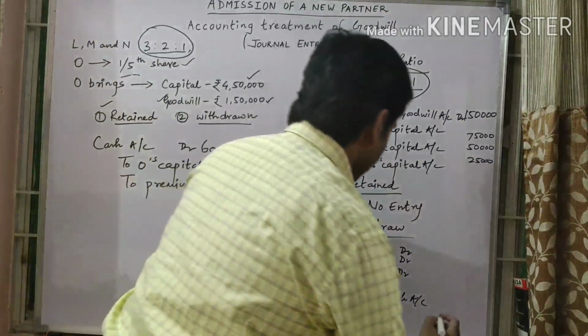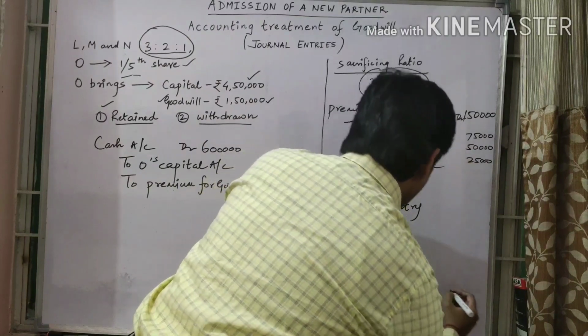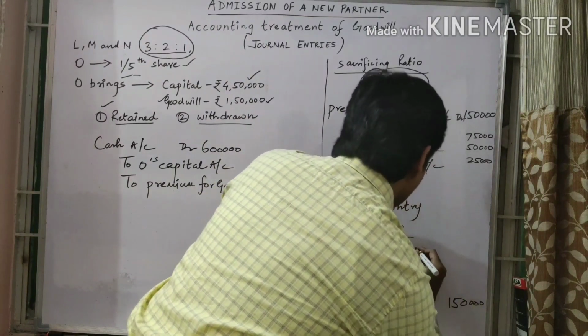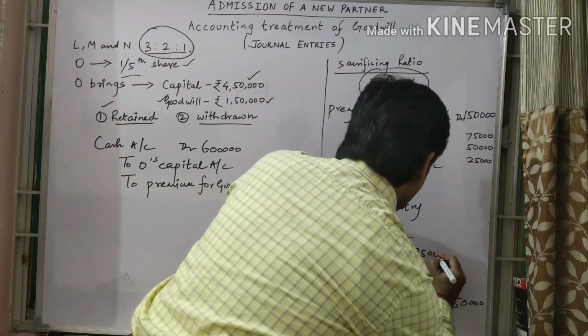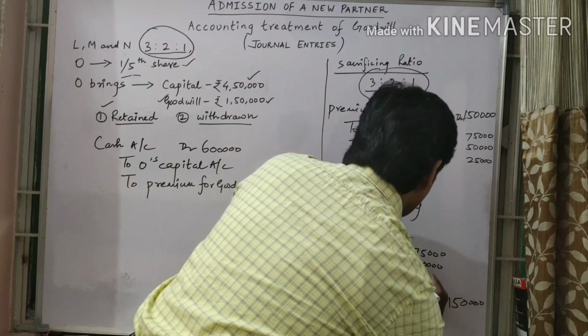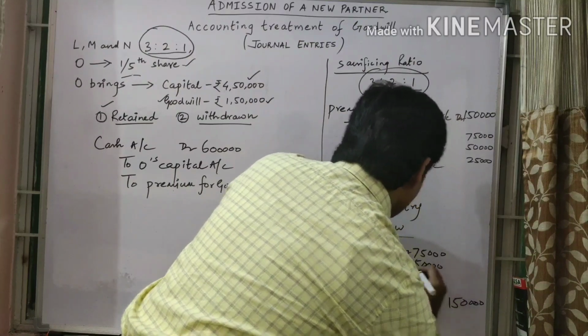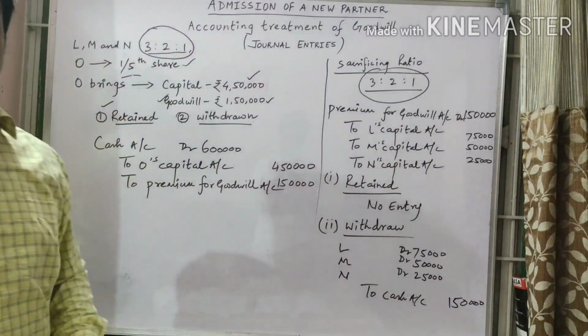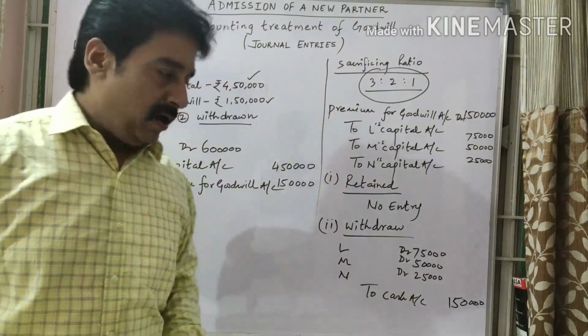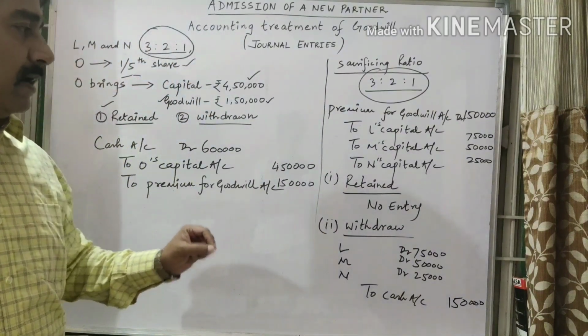Okay, and this amount which they had received as premium for goodwill will be withdrawn by them outside the business. That means this amount of 1,50,000 will not stay in the business, it will go out. Okay, so this is a simple entry for withdrawing premium for goodwill outside the business.